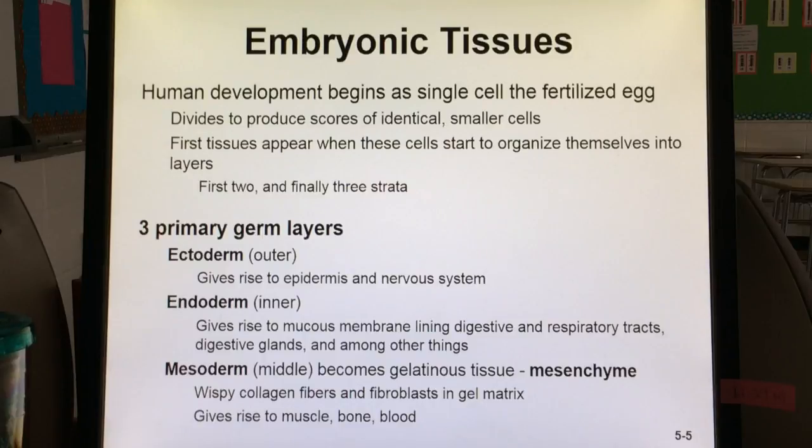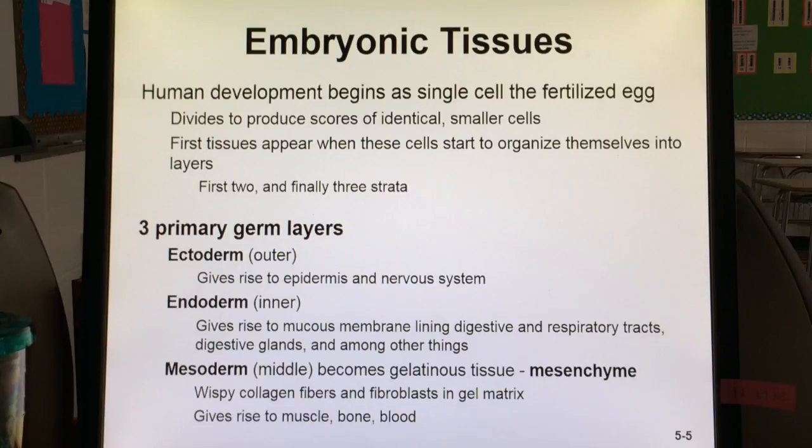So ectoderm, meaning the outer layer, when we're talking about the embryo, these cells eventually will give rise to the epidermis, which is our skin, and the nervous system. The endoderm is the inner layer, endo meaning inner, and that gives rise to the mucous membranes, which we're going to learn about this week, our respiratory tracts, digestive tracts, and other organs.